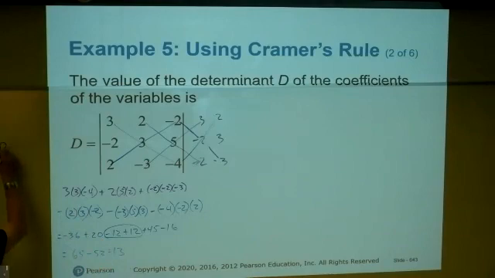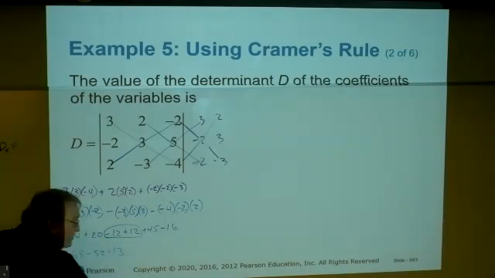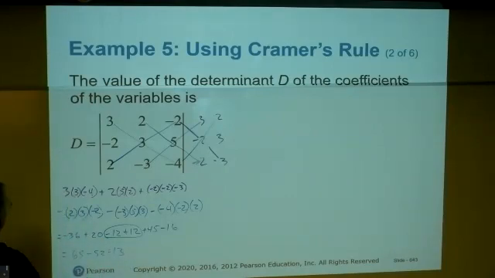So to find x, it can be seen, x will equal d sub x over d. Well, d is 13. And then y is going to equal d sub y over d, which is something over 13. And then z is going to equal d sub z over d, and d is 13.